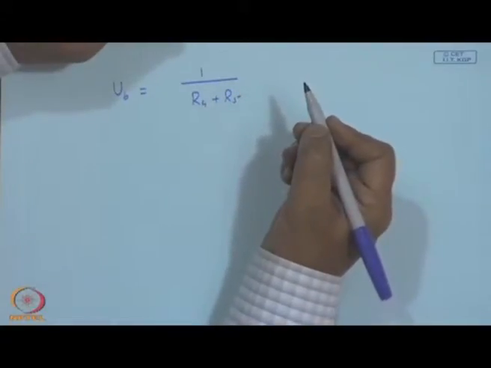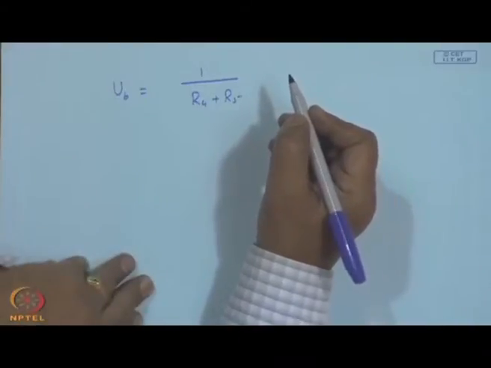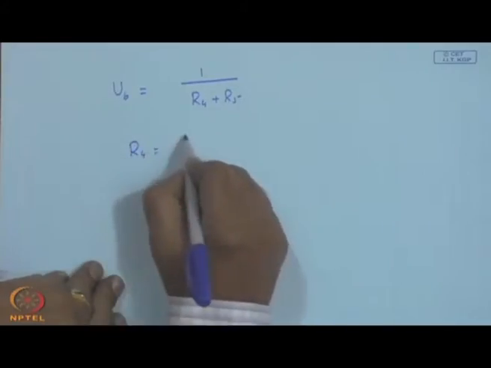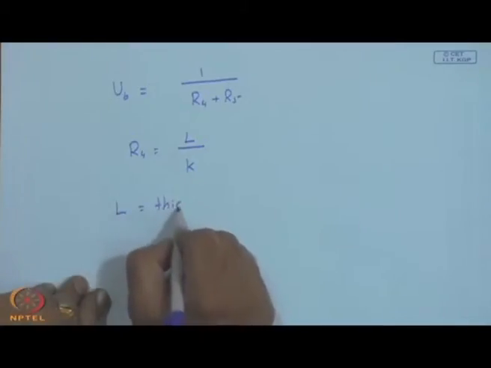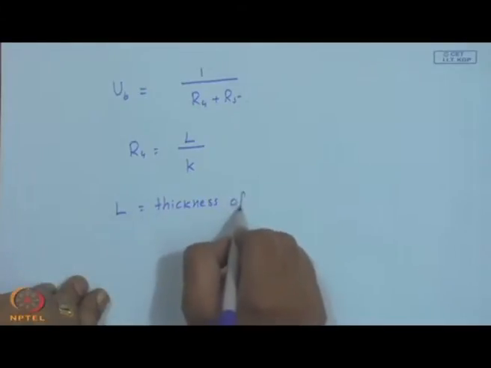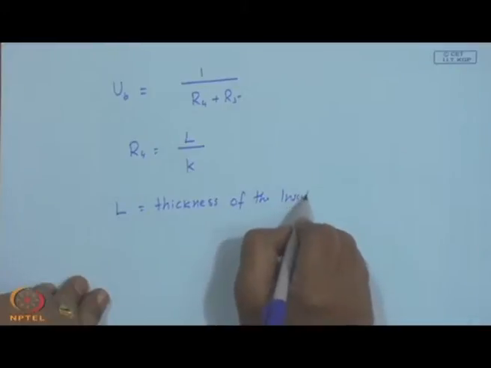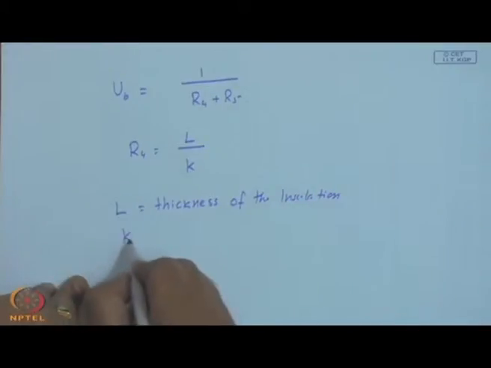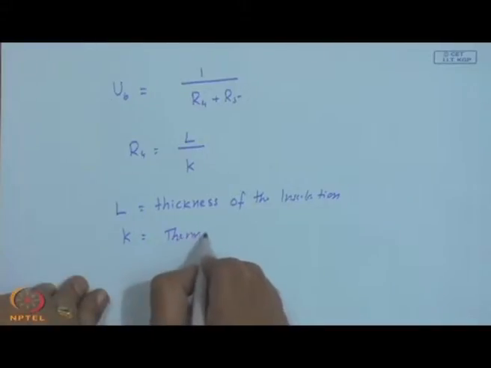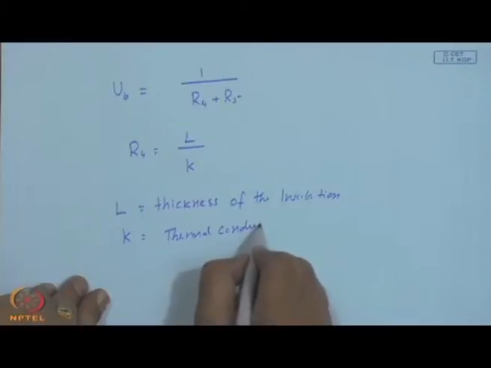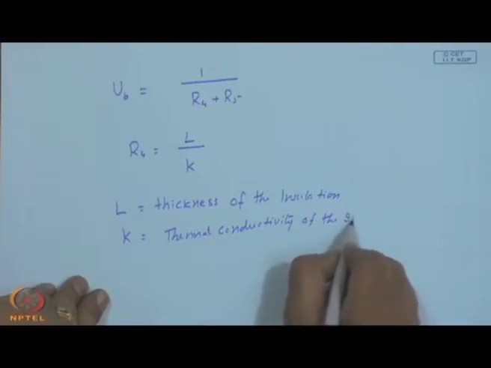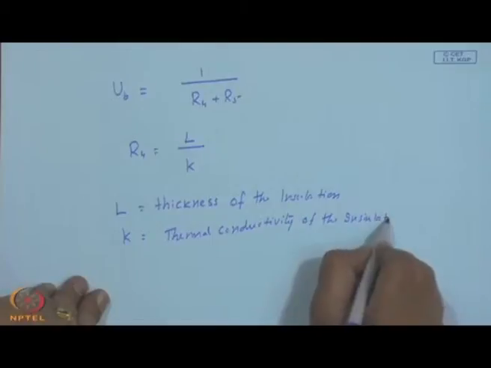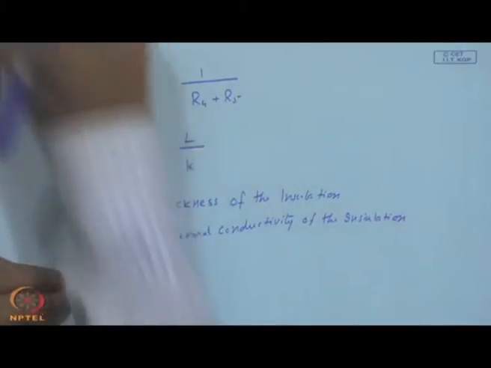R 4 plus R 5, R 4 is the conduction resistance and R 5 is the convective plus radiation resistance, and R 4 is given by L upon K, where L is the thickness of the insulation and K is the thermal conductivity of the insulation.